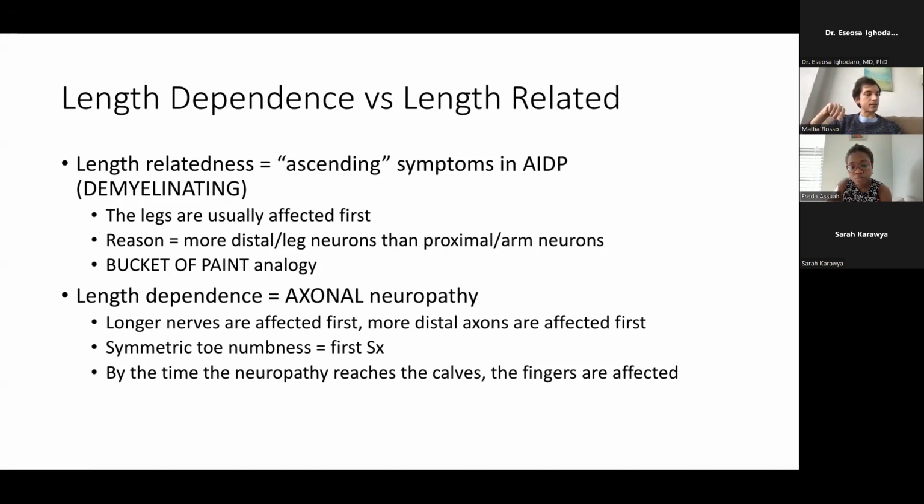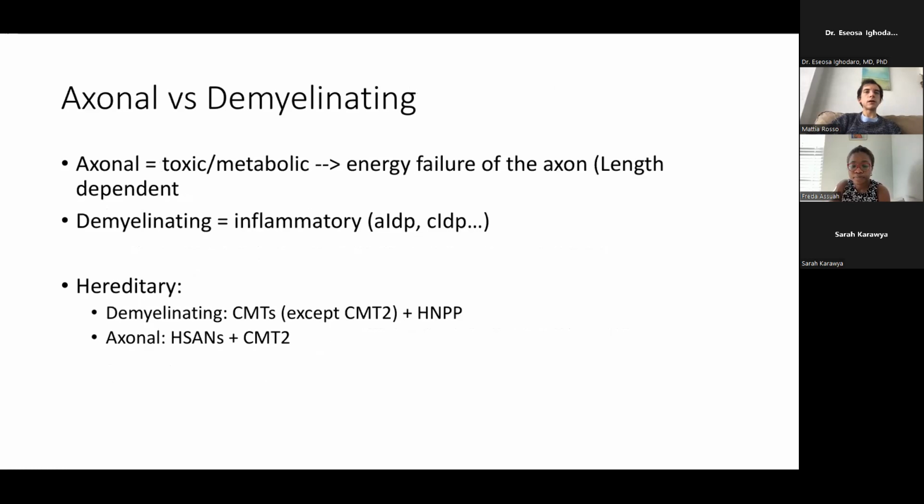The one additional point that I'll make is that there is also, as Sarah was saying, something called CIDP, which is the chronic variant of AIDP, but we'll go into more details in a second. So here is just the summary of what I was saying before.